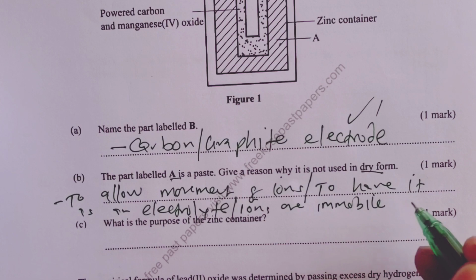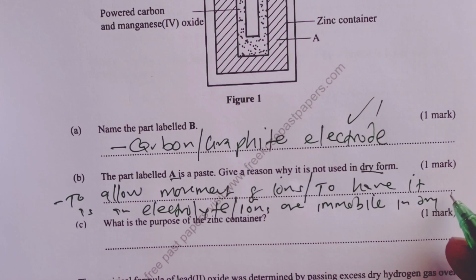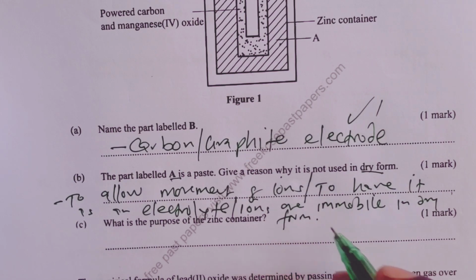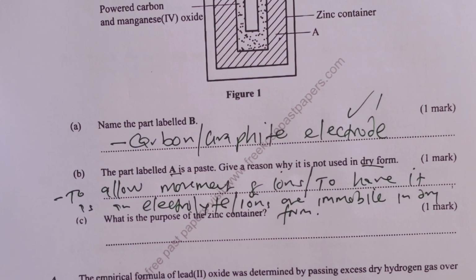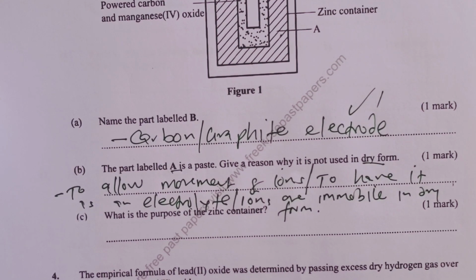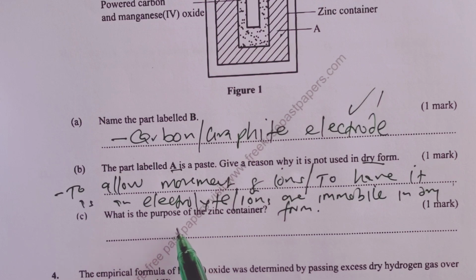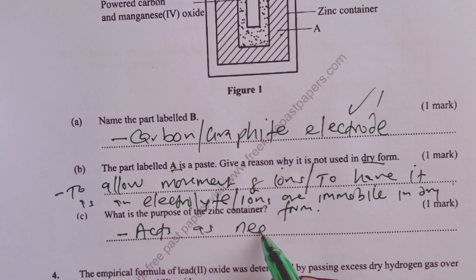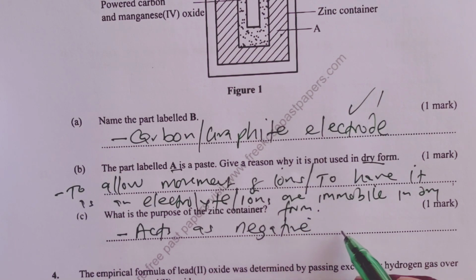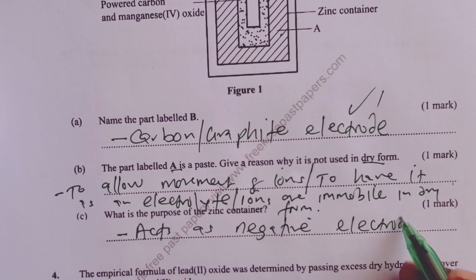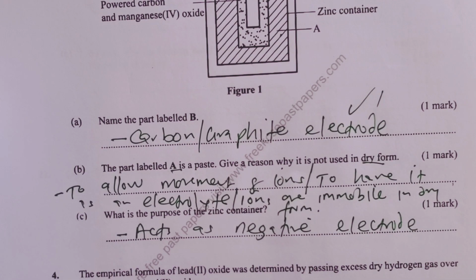Ions are immobile in dry form. Any of those 3 would have earned ourselves that next mark. What is the purpose of the zinc container? Zinc container simply acts as the negative electrode. This we know quite easy for that last mark for question number 3.